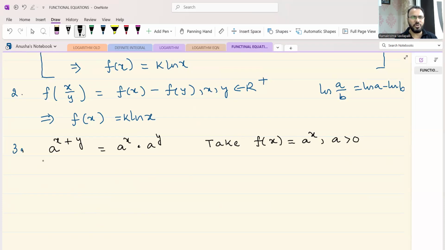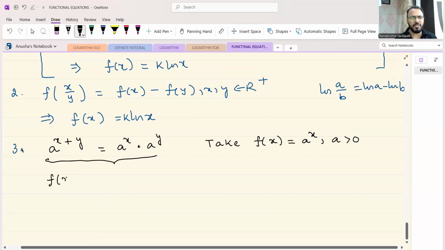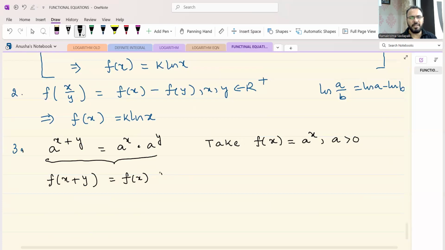So a to the power of x plus y is nothing but f of x plus y equal to f of x into f of y. This is sum to product. The first one is product to sum.